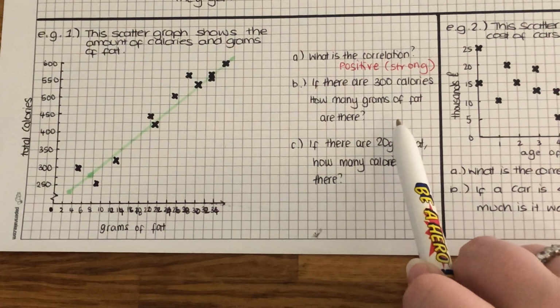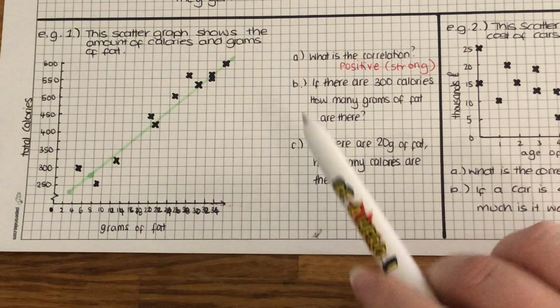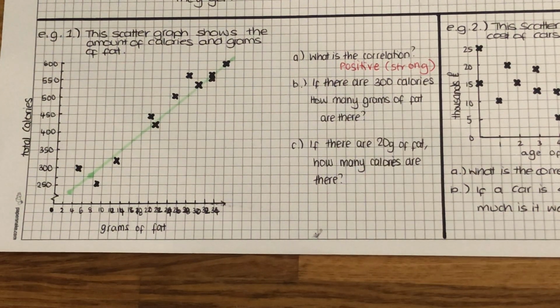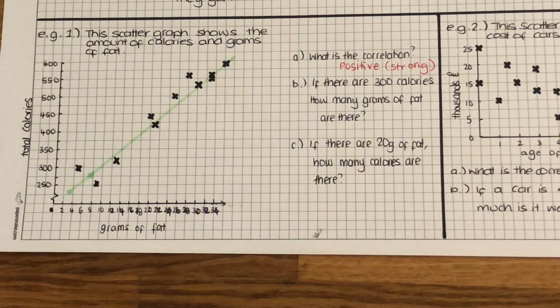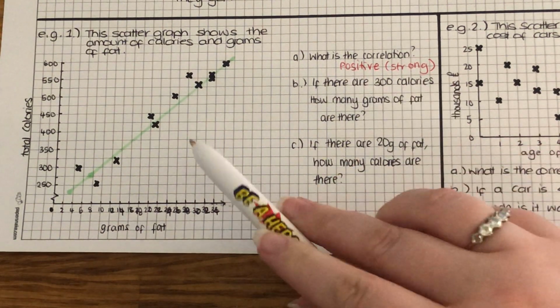Okay, the next question. So this is going to be how we use the line of best fit. If there are 300 calories in this food, how many grams of fat are there? So what we do is, one, you need to get a ruler again. We need to find where 300 calories is on the graph.